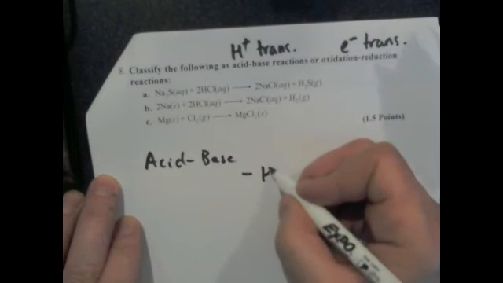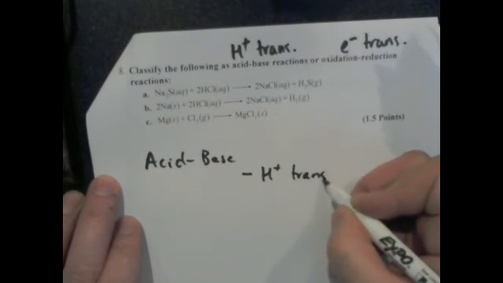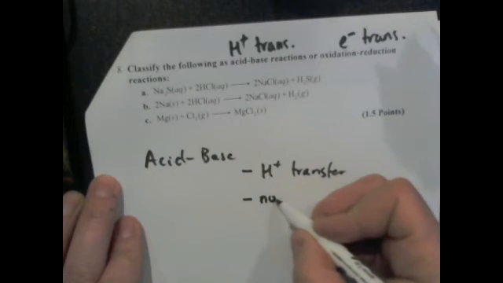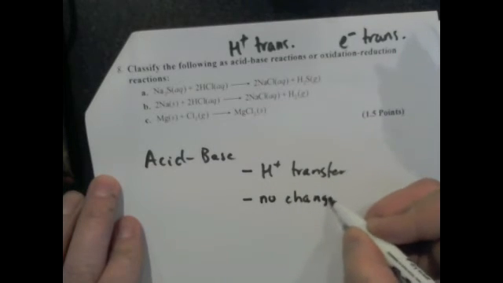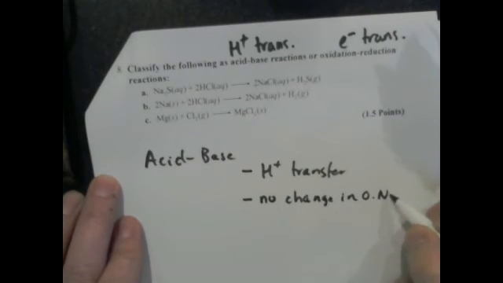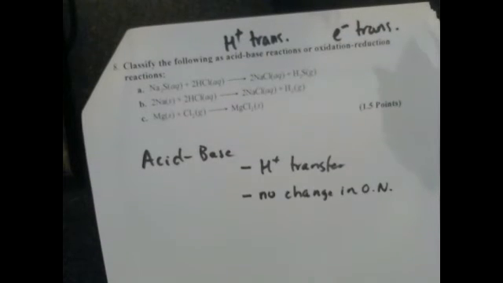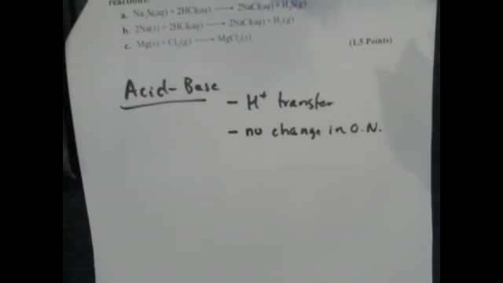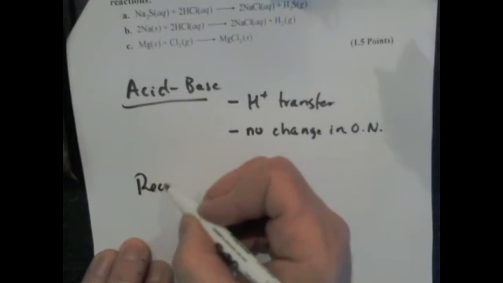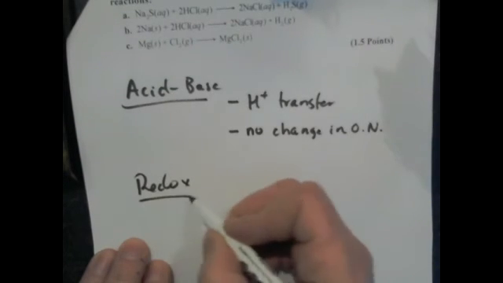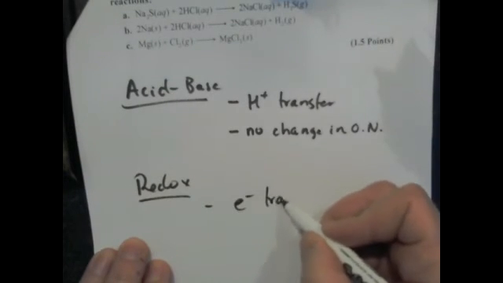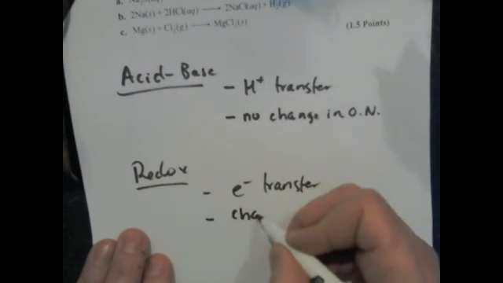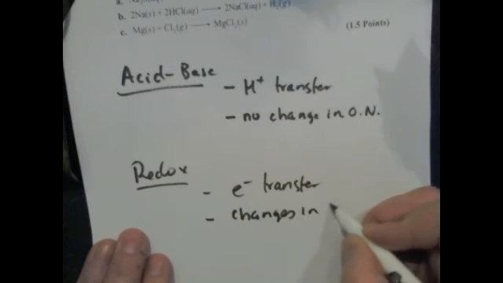The first one is that there's always a transfer of a hydrogen ion, and there is no change in oxidation number. Some characteristics of redox reactions: they're electron transfer. There are changes in oxidation number.